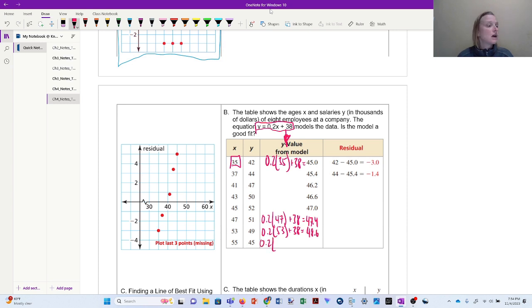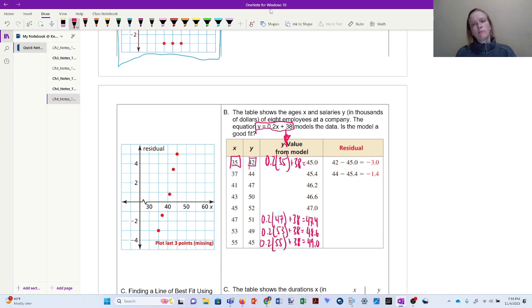And 55 plugged into the equation is going to give 49.0. So now I know the predictions that my model gives, and I can compare those predictions with the y values of my original data points.